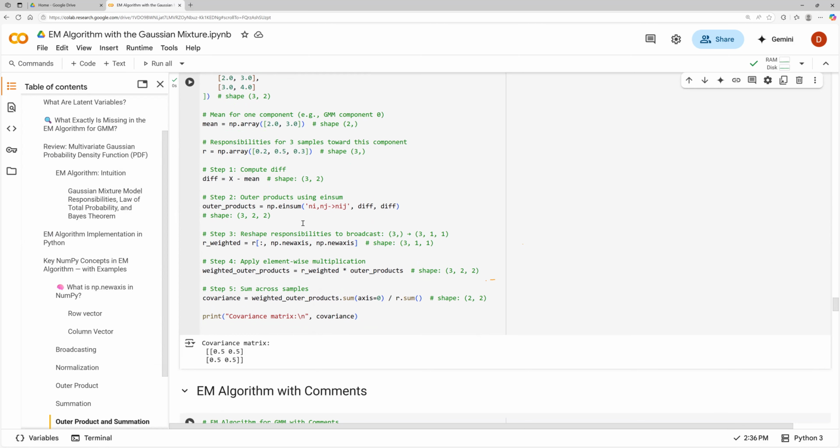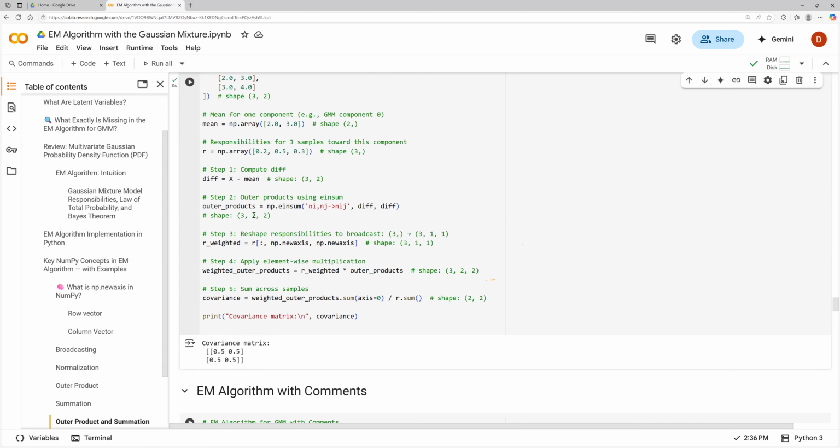If we reshape the responsibilities, which is one dimension, to get it to 3 dimensions, we would do this R[:, np.newaxis, np.newaxis], 3, 1, 1. Okay. Then we would take the element-wise multiplication, right? The R weighted times the outer products. And we would get 3, 2, 2, right?